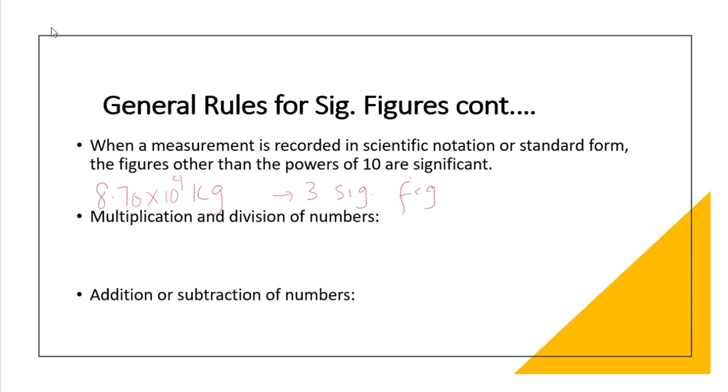So if we talk about multiplication and division of numbers, then we round the answer to the least number of significant figures in the problem.